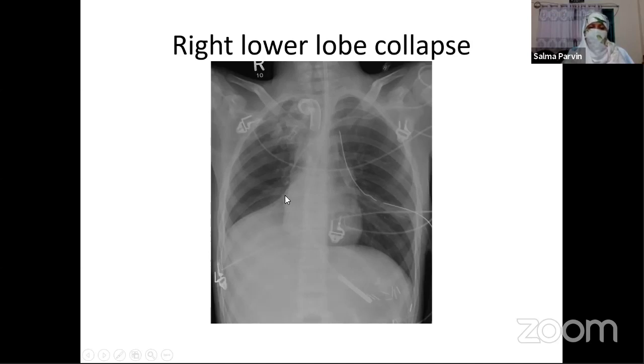The right heart border is really seen through the lesion. So this is away from the right heart border, and this is a right lower lobe collapse.